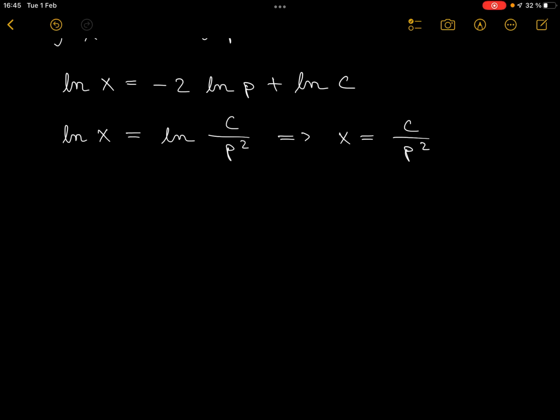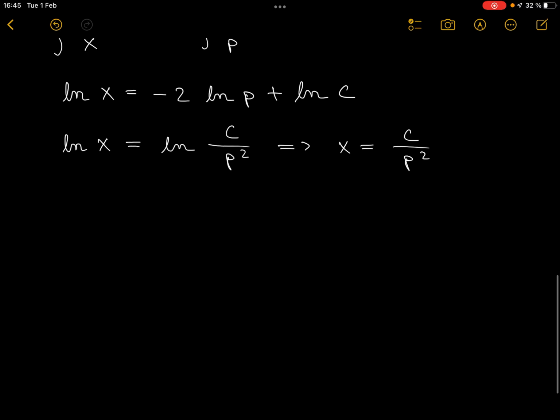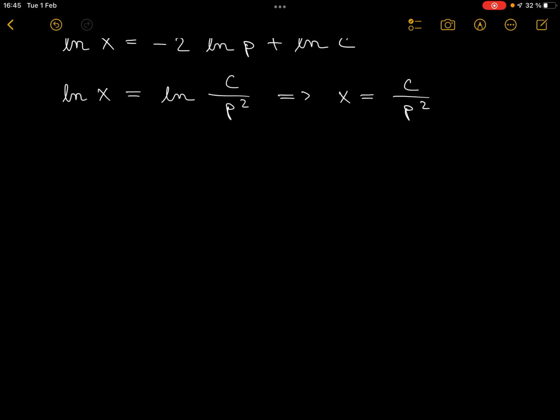Now, the method that I'm showing right now is called the variation of constants. It was developed by Lagrange as well. And what we do here is that we actually consider this c to be not a constant, but a function of our independent variable, which in this case is p.